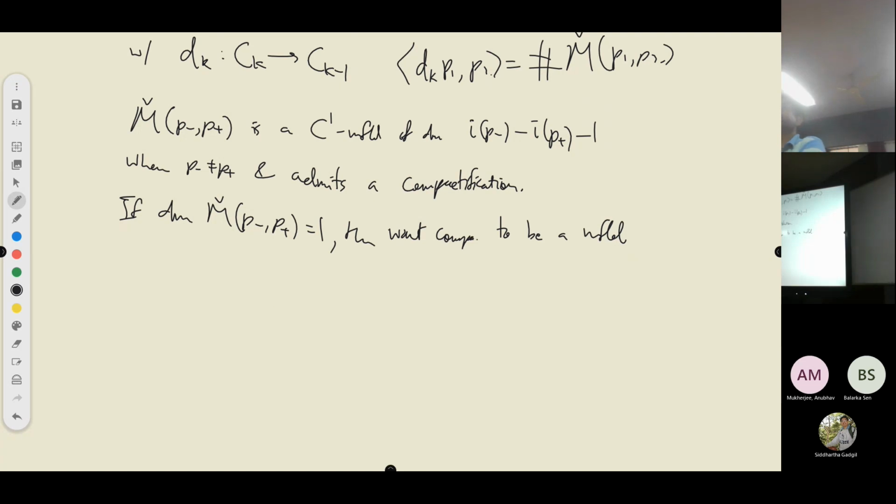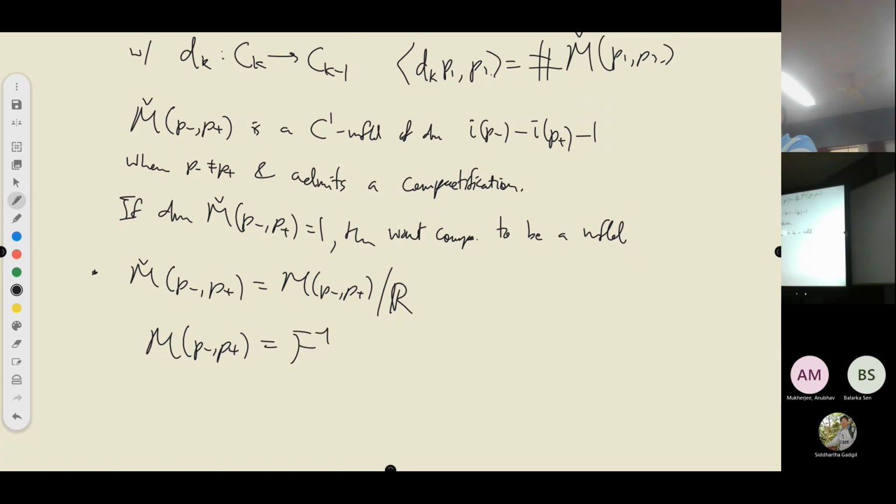And just as a brief recap of what M and M check were: at least formally, what matters to us is that this is the moduli space modded out by translations, where your moduli space itself is the preimage of 0 of some section of some vector bundle.